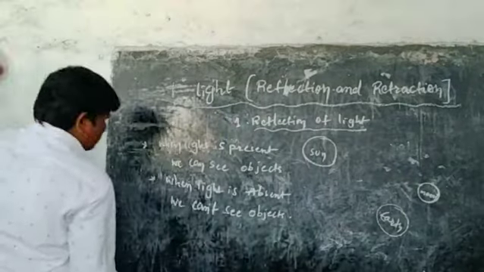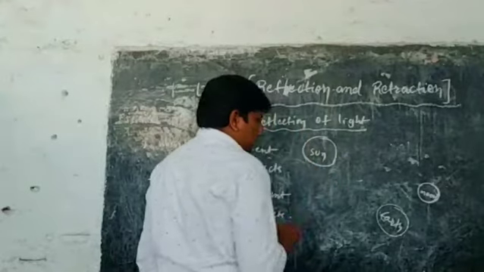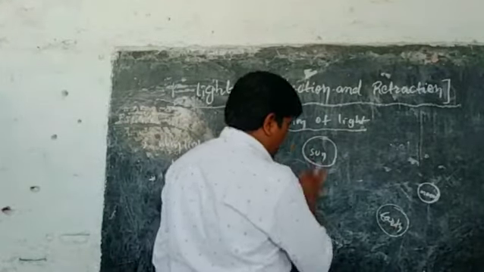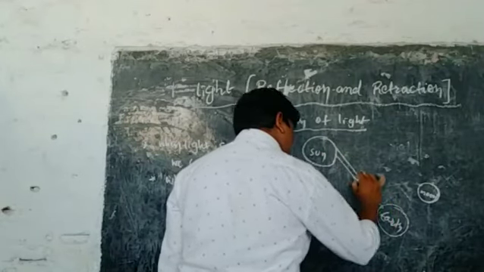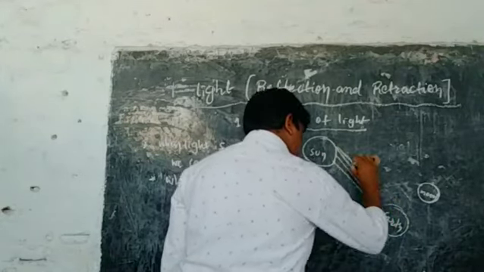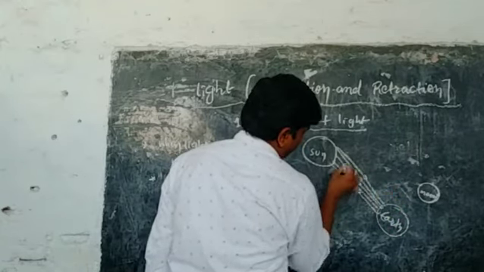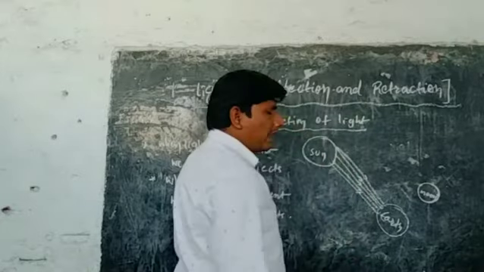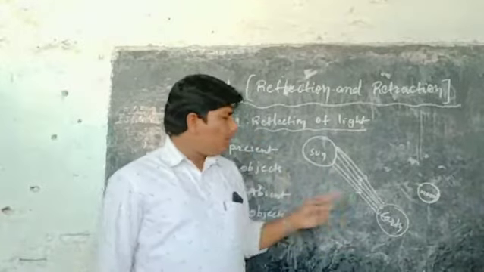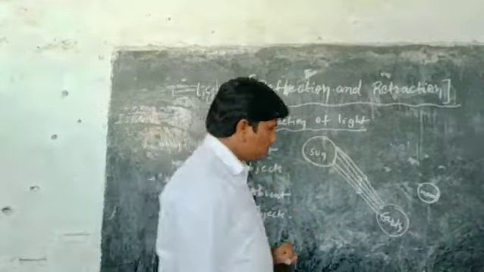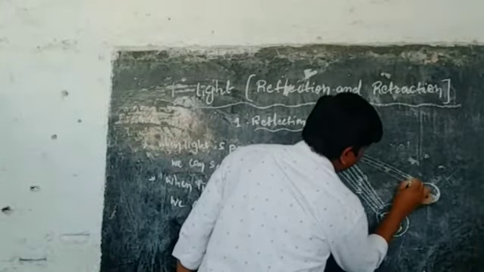Now, from the sun, so many light rays are emitted. A beam of light, a bundle of light, a collection of light falls on the earth. On the earth, we receive the light directly from the sun and we are able to see the sun. And this sunlight also falls on the moon's surface.